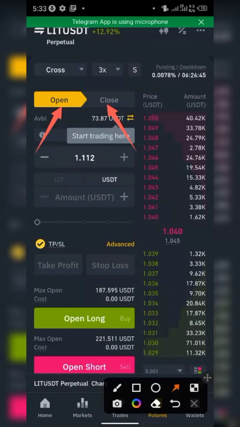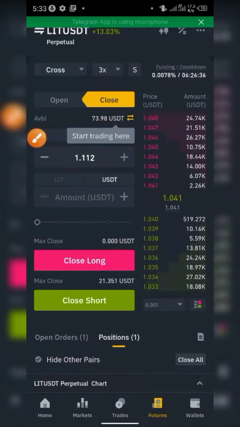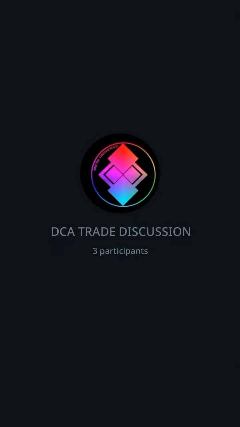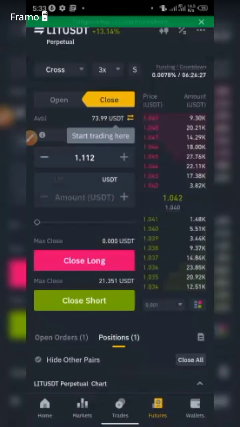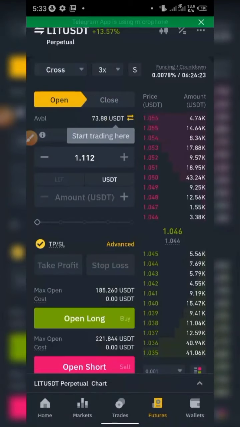Under open, we have long and short. Then under close, we also have close long and close short.